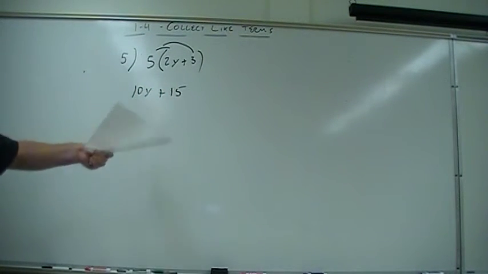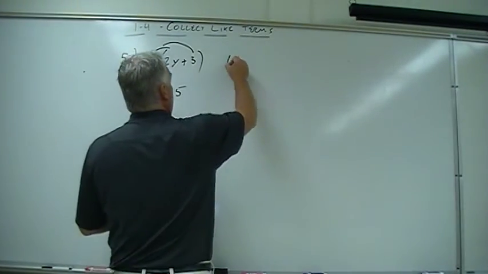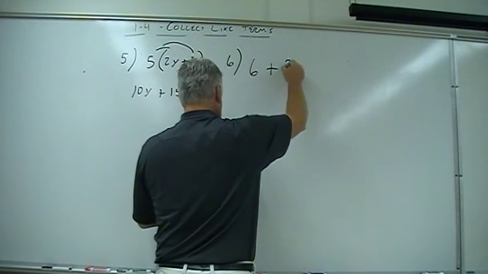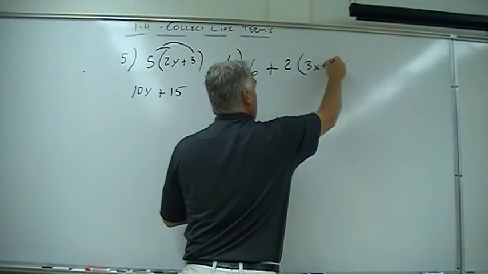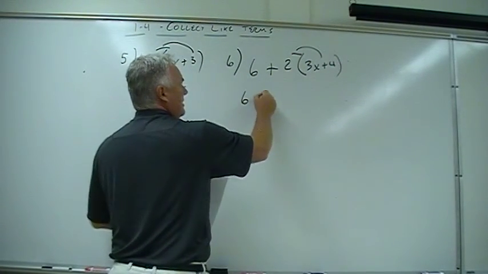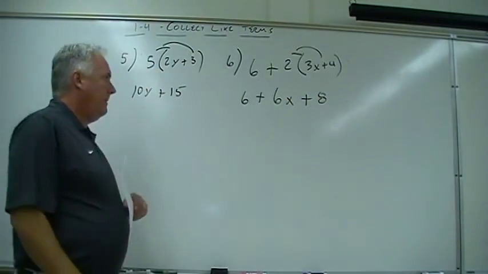You can't combine them. They're unlike terms. This is your little review on distribution. 6 is similar. There's distribution here. So we have 6 plus 6x plus 8.